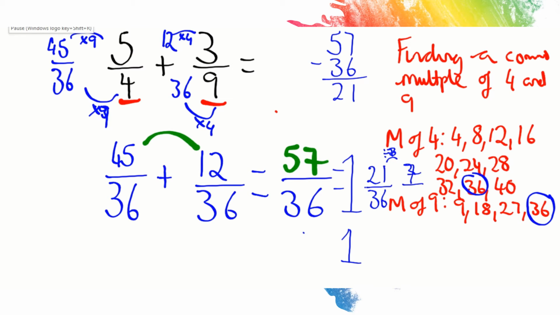And 36 can also be divided by 3, which equals 12. So actually I'm going to have down here 7 twelfths.